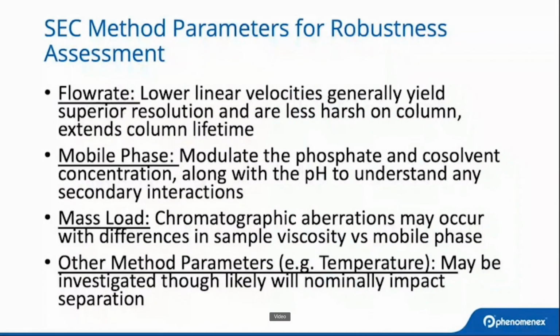Mobile phase composition is another critical component to robustness, given the impact that mobile phase has on protein interactions with the stationary phase. There is extensive experimental design that can be implemented here. Additionally, mass load and its impact to peak shape should be explored to determine the allowable range of sample concentrations. And lastly, we should also look at temperature.